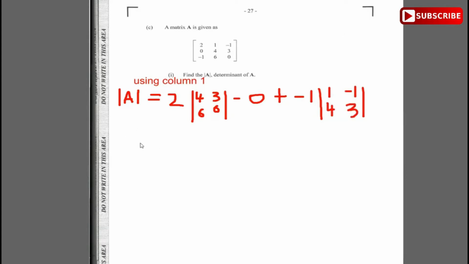And so the determinant of A is working out to be equal to 2 times, now 4 times 6 is 24, minus 3 times 6, that's 24 minus 18 is 6, 2 times 6 is 12, minus 1 times, now this is going to be 1 times 3 minus 4 times minus 1, that's 7.